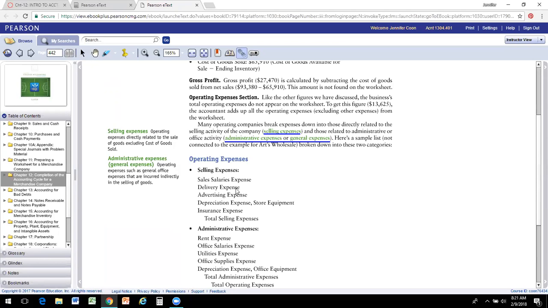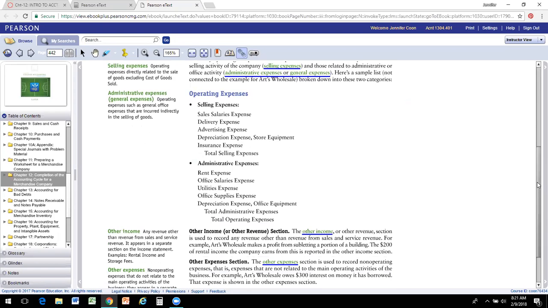That's why delivery expense is in there, advertising's in there, depreciation for store equipment, possibly some insurance expense if it's related to the store, or insurance on the delivery truck, that type of thing. There is some insurance that goes under administrative, so you just have to watch the wording that they have in the problem. So all of these would be tied to the sale of whatever product we have.